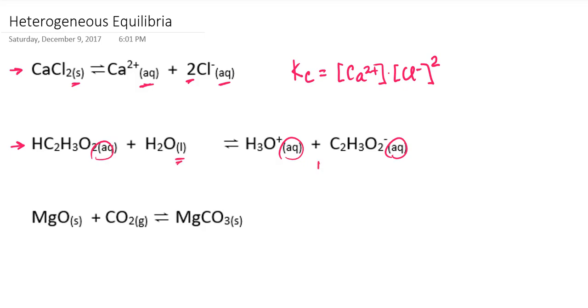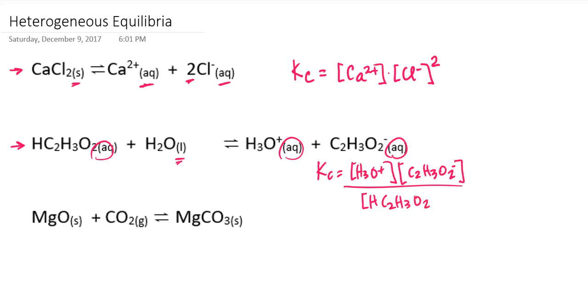And so if I were going to write the equilibrium constant expression for this reaction, I would have my hydronium ion concentration multiplied by my acetate ion concentration and divide that through by my concentration of acetic acid. But in this case, I would not include the water since water is a pure liquid.